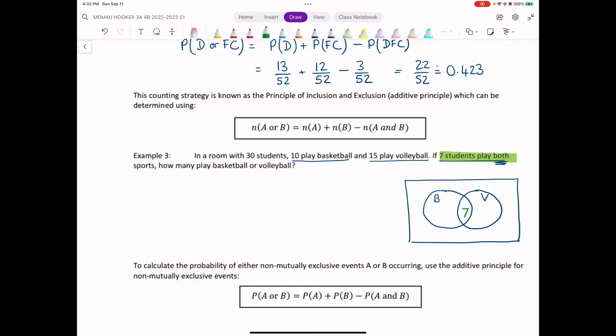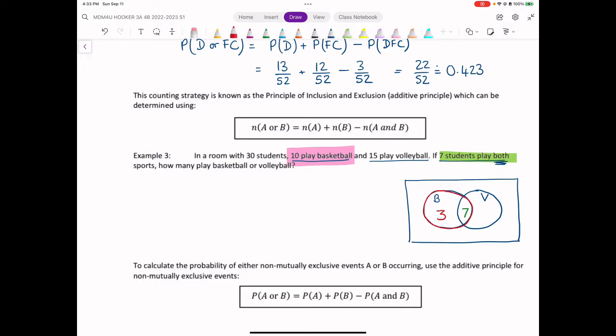Now let's focus on our circle with basketball. I'll use a red pen. Basketball, which is this circle on the left, we need to total up to 10. Well, we already have 7 in that shared piece, so we only have 3 left over to put there, right?